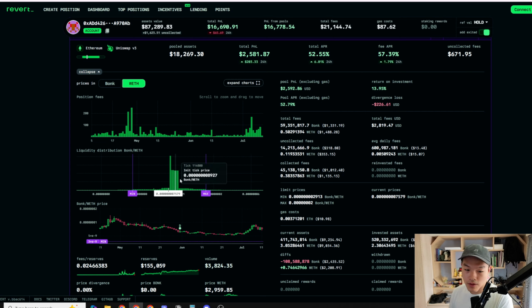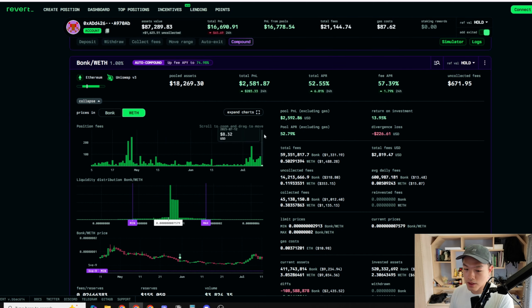But then when the volatility returns, that's when I could print a lot of money, right? You could see this big move here back in April. The highest peak was like $200 something in one day, right? And very recently, $169 in one single day based on an $18,000 LP. So almost 1% return in one day when the big moves in the market do happen.